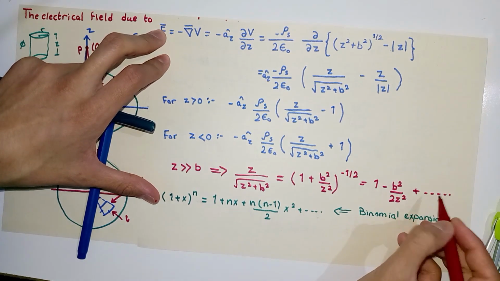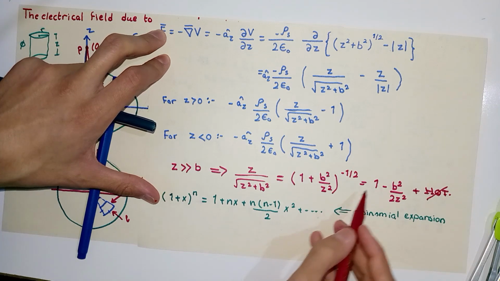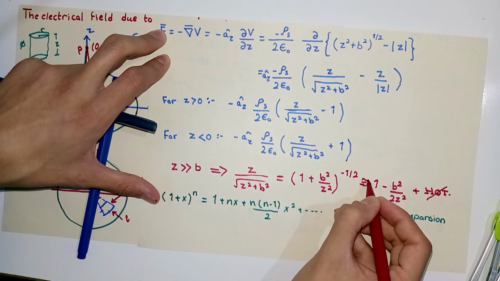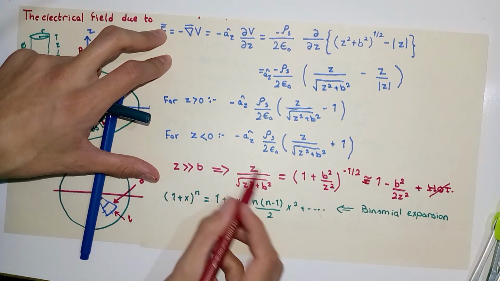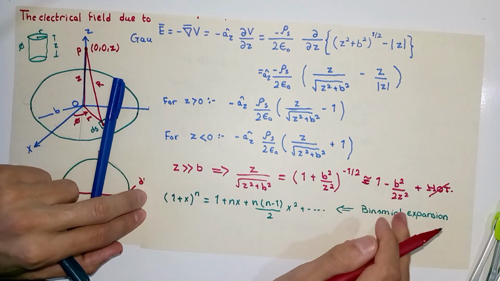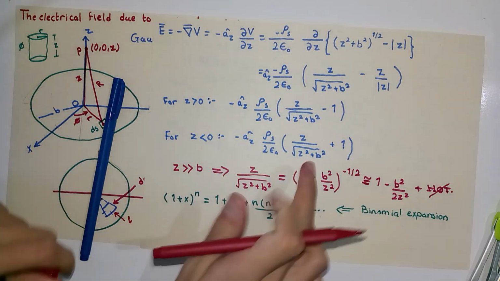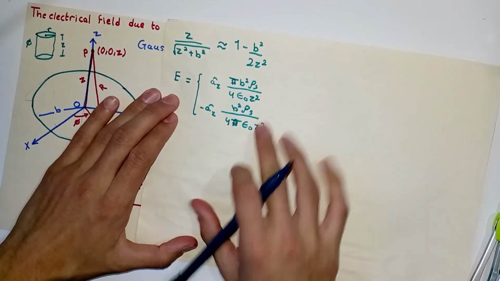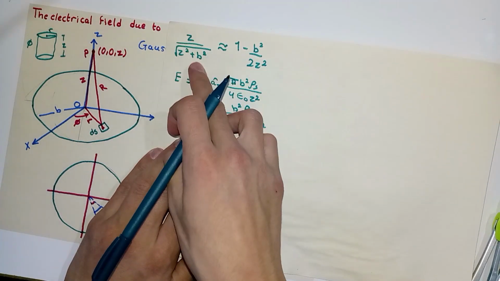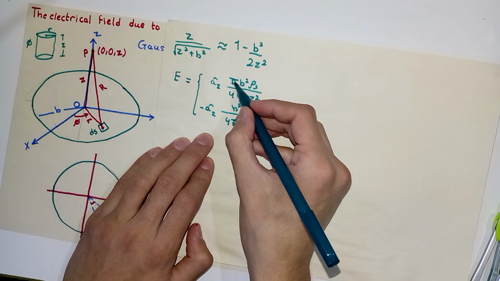So we are going to cancel out the higher order terms. This term is going to be approximately equal to 1, so let's substitute this inside this equation. Let me write it on another paper. And now by substituting this term by this term, we reach these two equations.